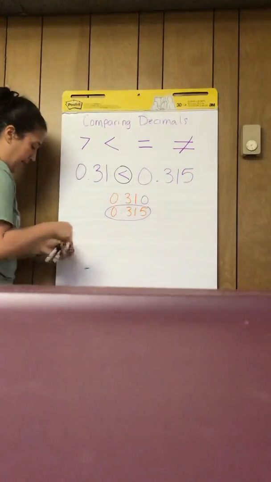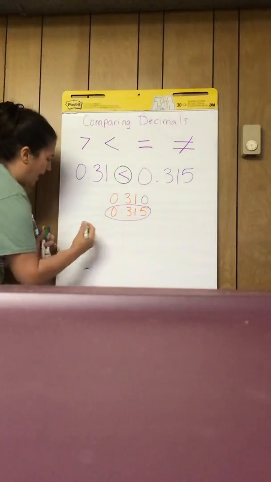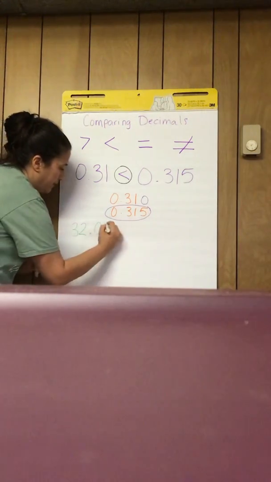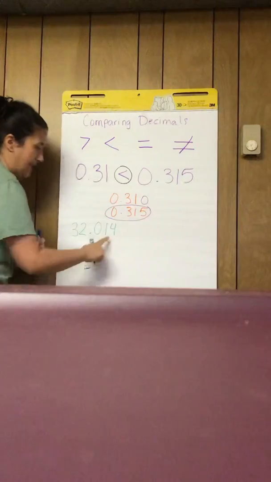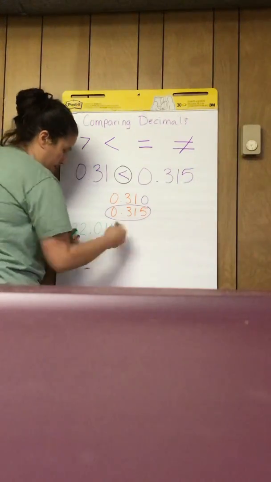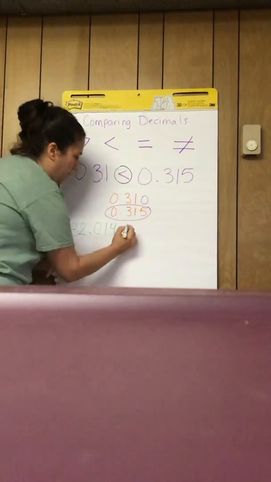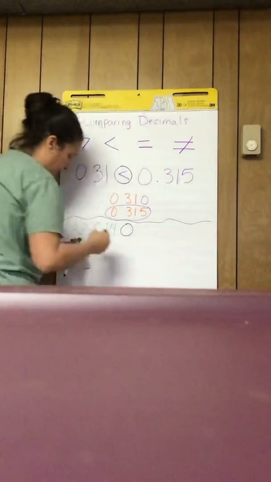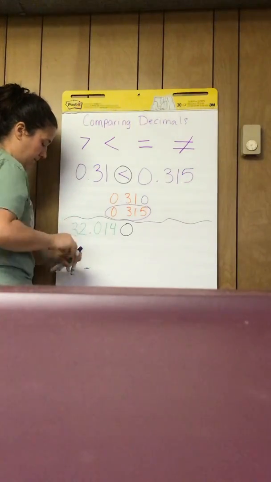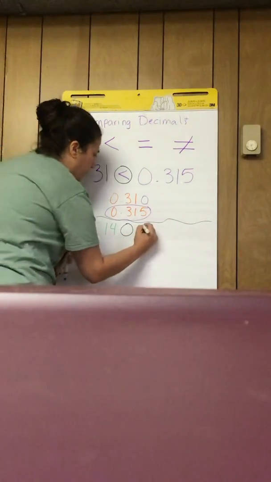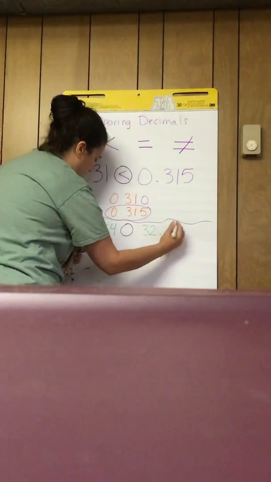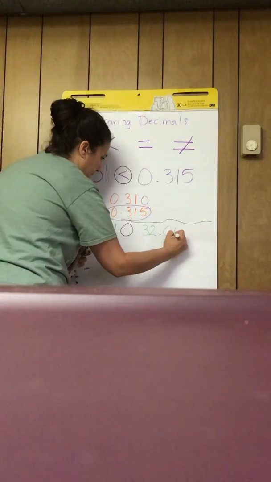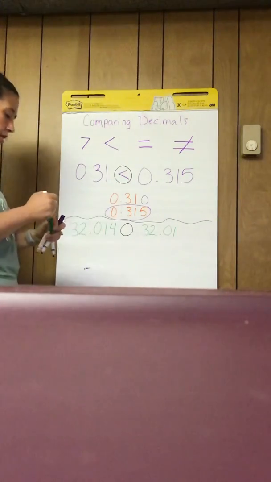Another example might be if you have 32 and 14 thousandths compared to 32 and 10 thousandths.